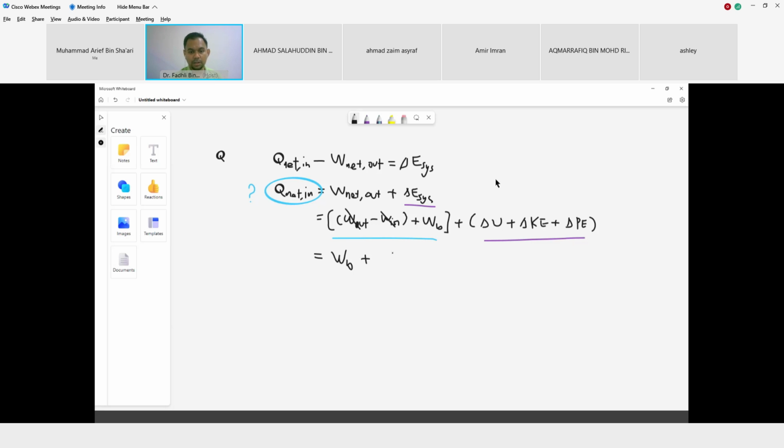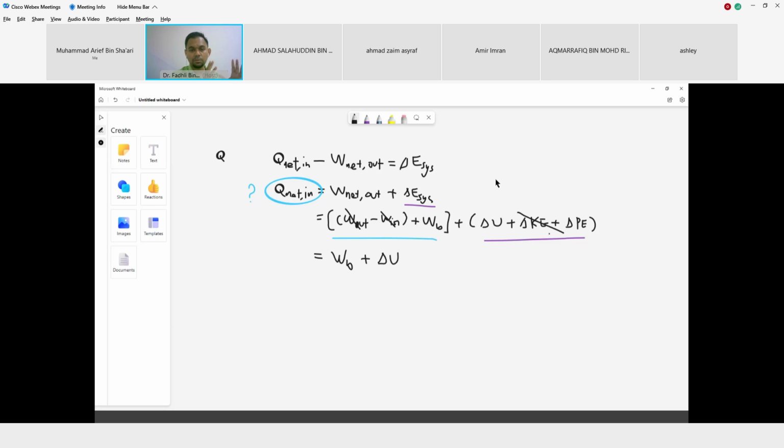Mesti ada internal energy dalam setiap substance. So, kekalkan delta U. How about delta KE? Delta KE tidak ada kaitan. It's not related in this question because the piston cylinder device is not moving.